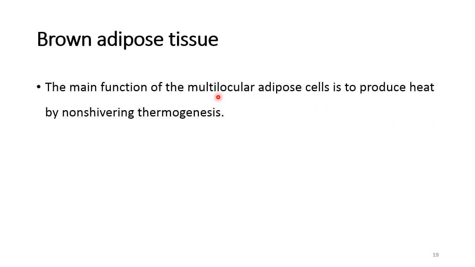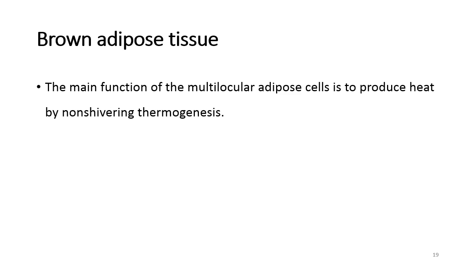The main function of multilocular adipose cells, or brown adipocytes, is to produce heat by non-shivering thermogenesis, which is a mode of heat production without shivering.